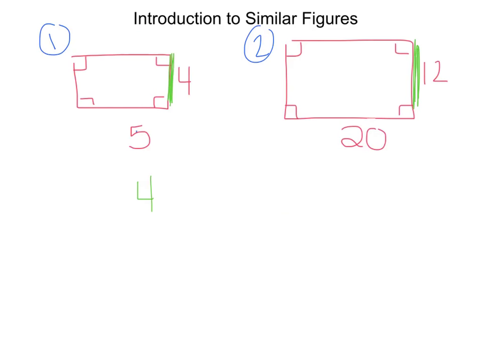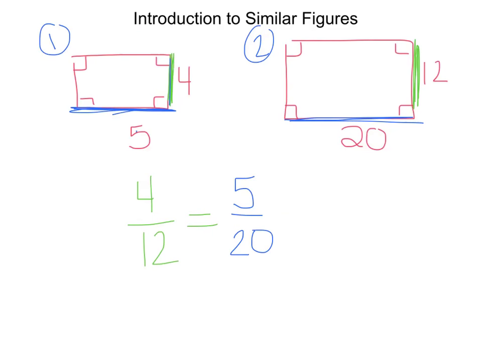So the ratio of those two sides would be 4 over 12. And let's see whether or not that equals another pair of corresponding sides. Since I started with figure 1 on top, we'll start with figure 1 for the top of our next ratio, 5, and the matching side over here is labeled 20. So let's check and see if 4/12 is in fact equal to 5/20.